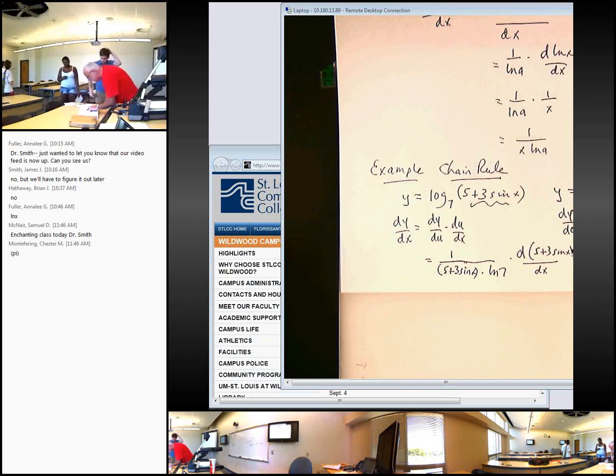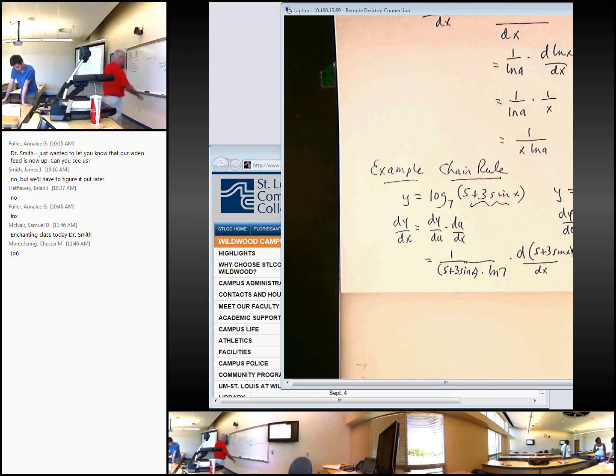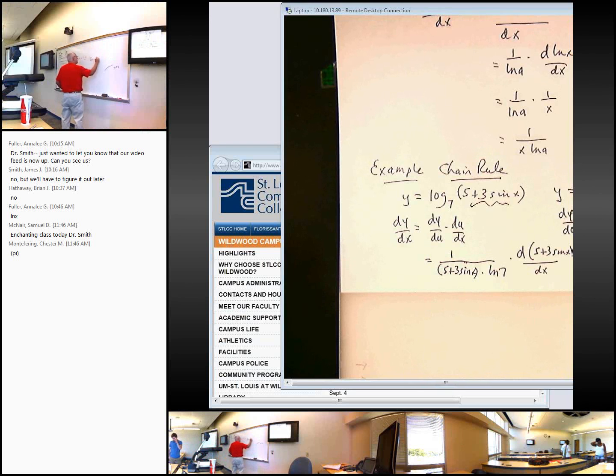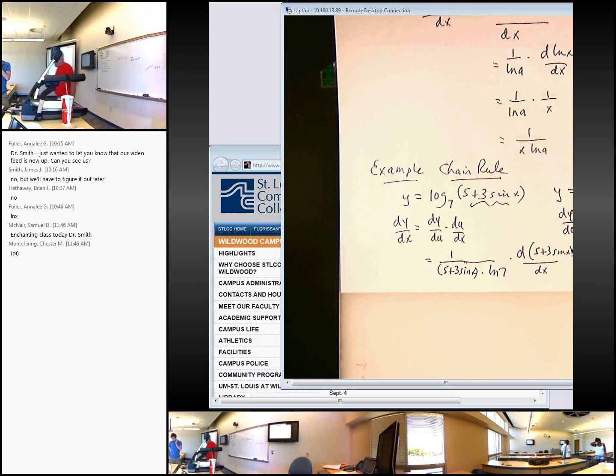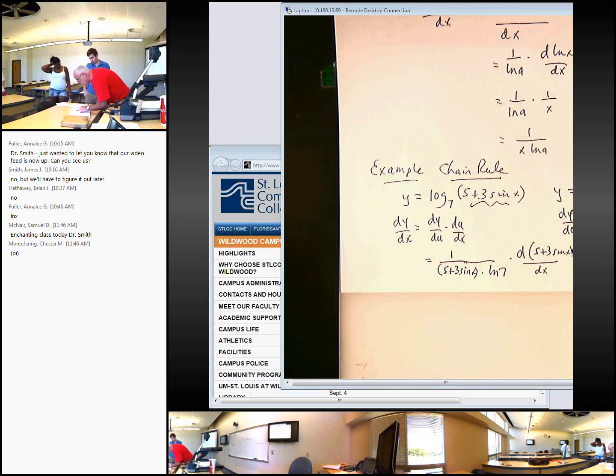Okay, 37. Our function here that we're given is 9 minus x squared. So f of x equals 9 minus x squared. And here we're given that a is equal to 8.